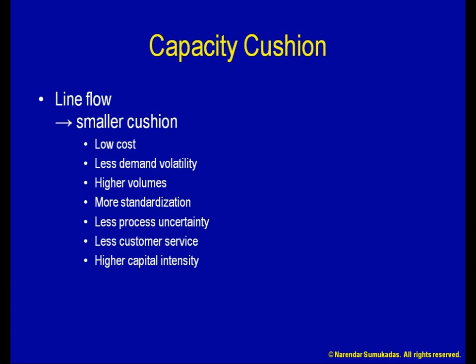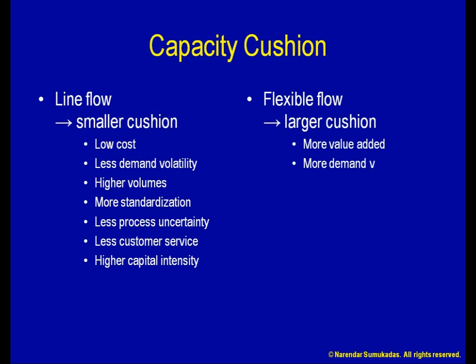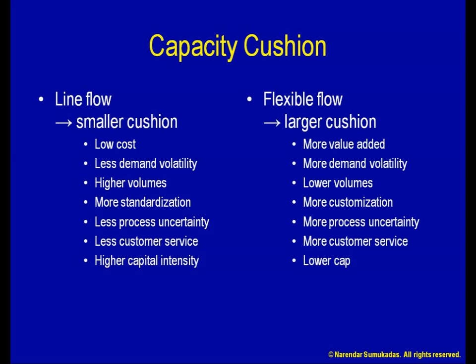On the other hand, the more my process has the characteristics of a flexible flow, the larger the capacity cushion I need. More value added and higher prices, more demand volatility, lower volumes, more customization, more process uncertainty, higher customer service, lower capital intensity, etc.